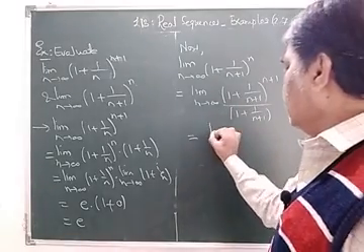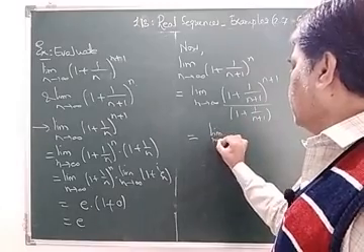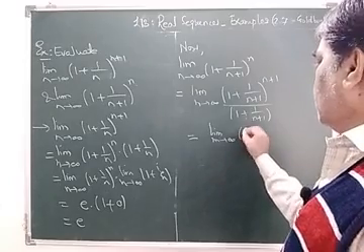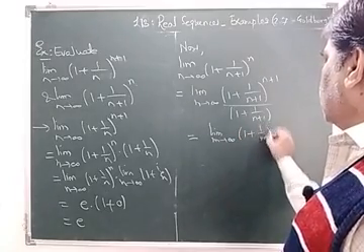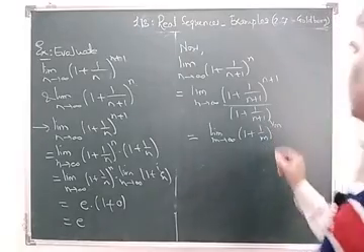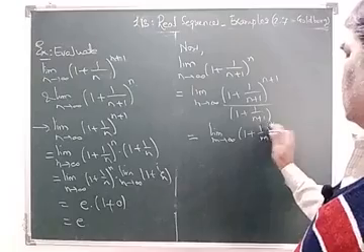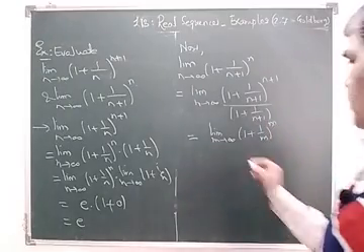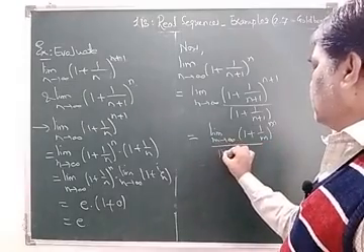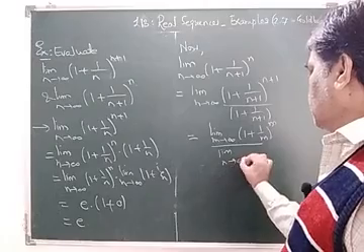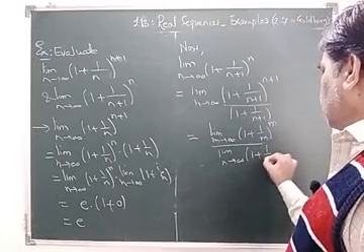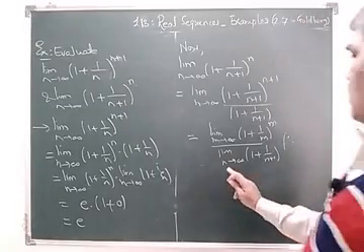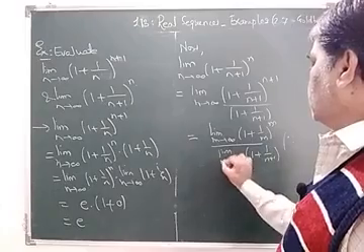So I can write this as limit m tends to infinity of 1 plus 1 upon m raised to m upon limit n tends to infinity of 1 plus 1 upon n plus 1, or here also m.